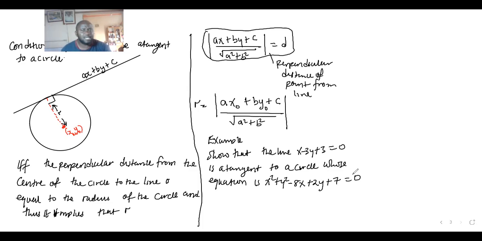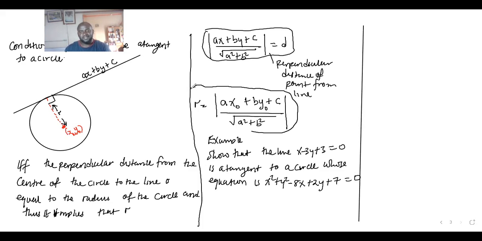Yes, Trevor, your hand was up before I look at the example. Why are you dividing by the root of a squared plus b squared? This is a formula from coordinate geometry. By now, I assume you have covered coordinate geometry. No?